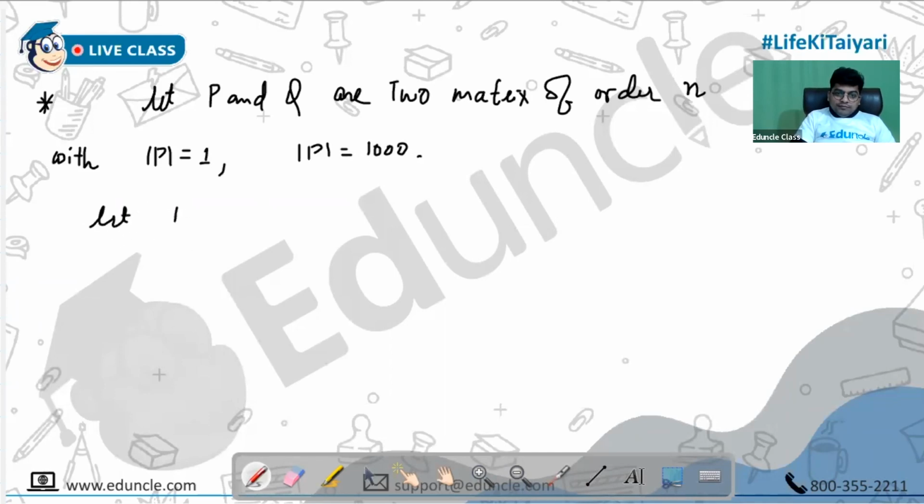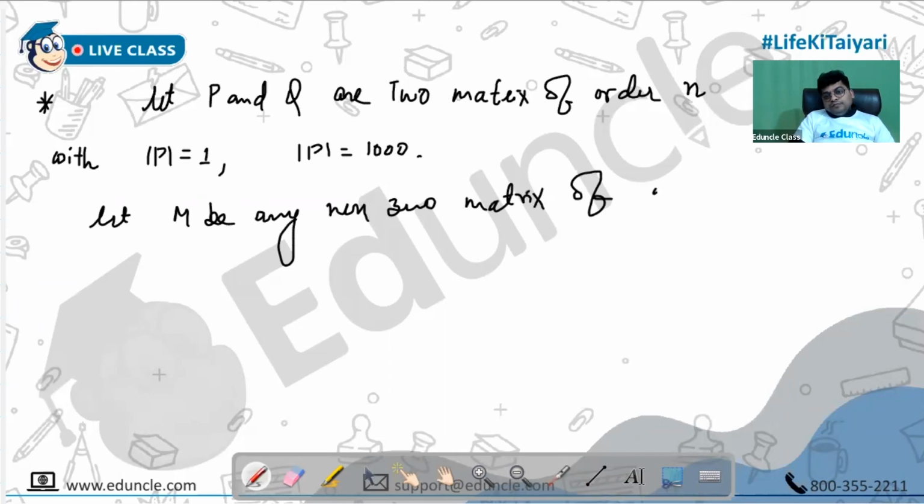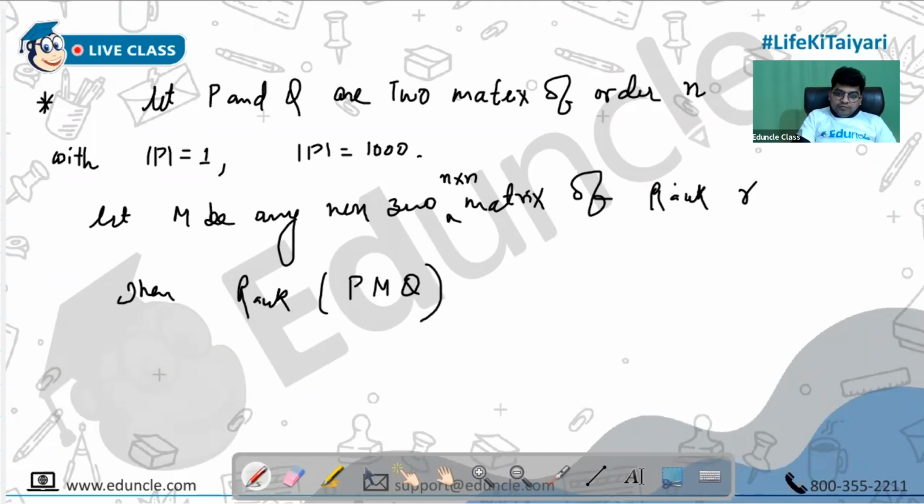Let M be any non-zero n cross n matrix of rank r. Then rank of PMQ is... rank of PMQ is?